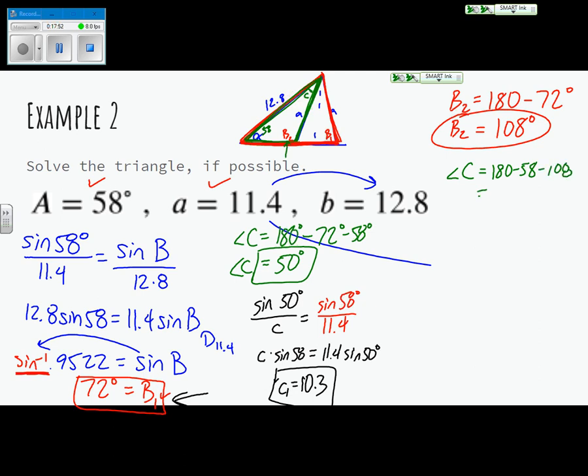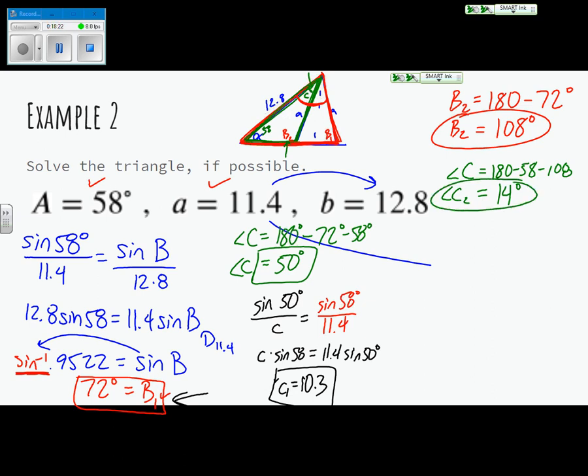That's going to give me something a lot smaller than my previous C. 180 minus 58 minus 108 is 14 degrees. Look at our drawing. Does that make sense for this little bitty guy to be 14? The previous C that we found, this 50 degrees, was this whole thing right here. So this little c is only going to be 14 degrees. I'm going to call it angle C2, C in my second triangle.